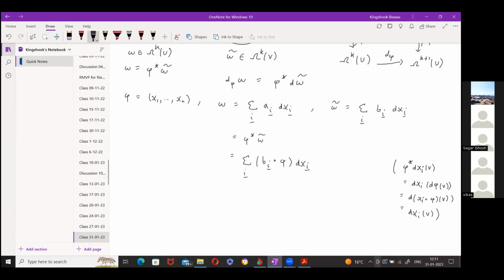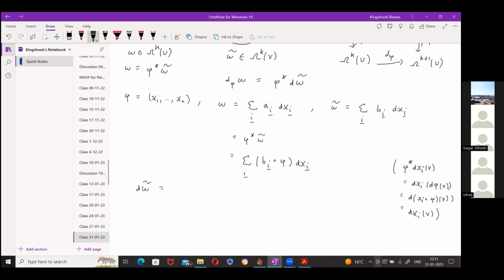Yes? Okay. In one case, the dxi bar means the wedge product of the coordinate functions in Rn. Here it means the wedge product of the components of phi. So from this, you see that bi composed with phi is equal to ai, right? Okay. So what is d omega tilde?